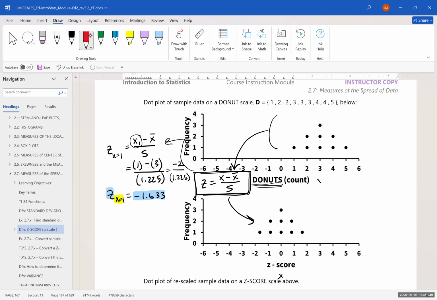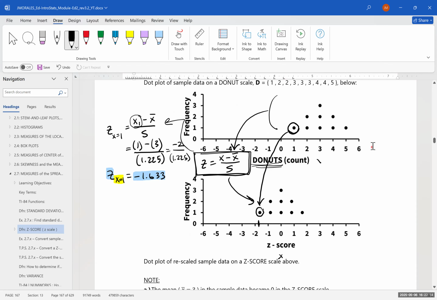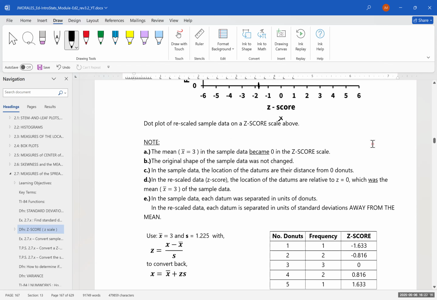So when we had a value of one donut on the donut scale, that converted to negative 1.633, which would be right about here on the z-score. And if we look, I included a table of the values here.